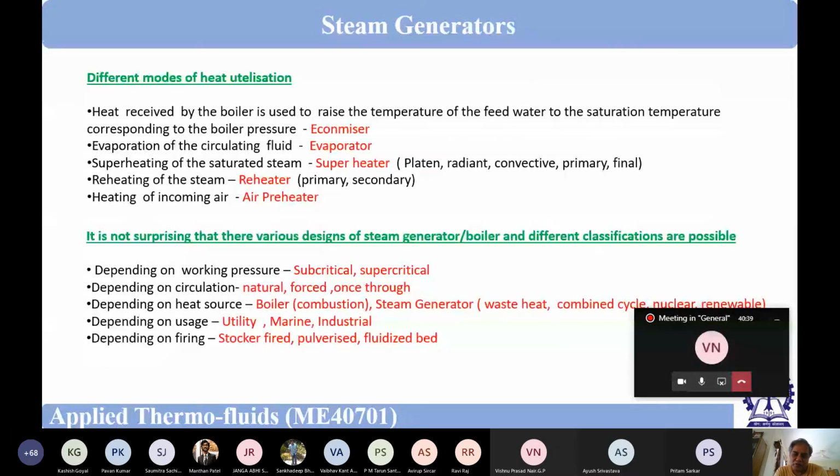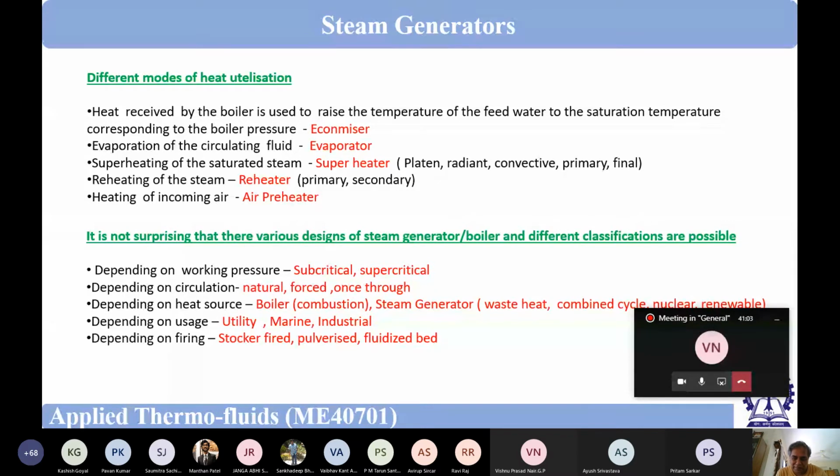There are different kinds of superheater: platen type superheater, radiant superheater, which receives most of the radiant heat, convective superheater, primary superheater, final superheater, etc. And then reheating of the steam, reheater, primary reheater, secondary reheater, etc. And then heating of the cold incoming air, air preheater.